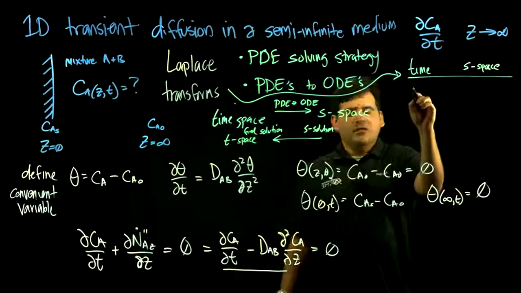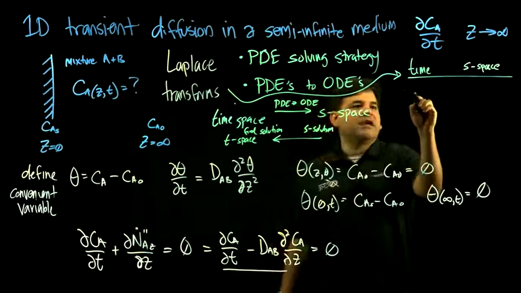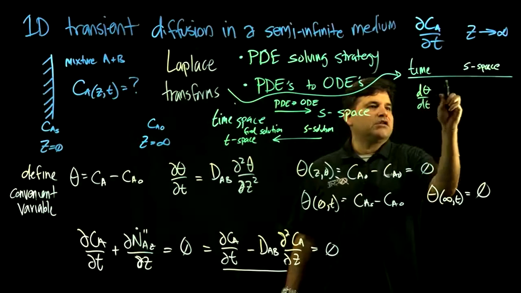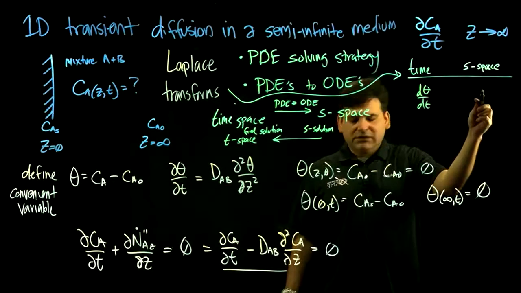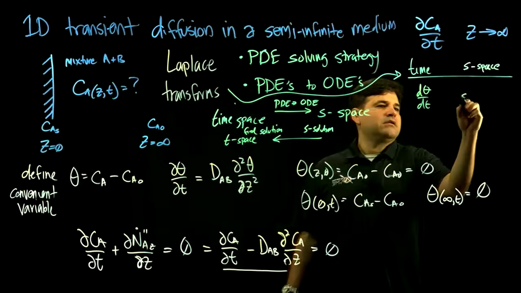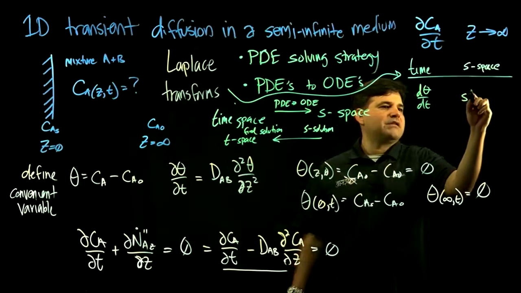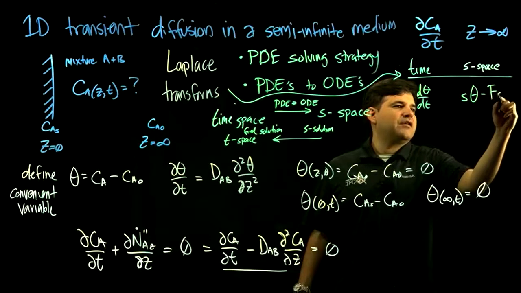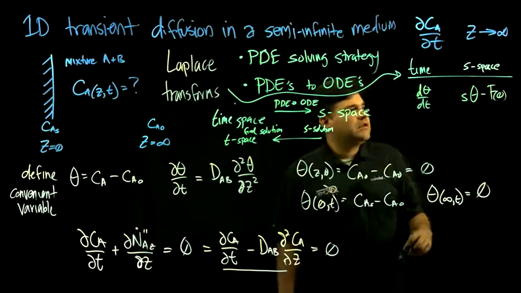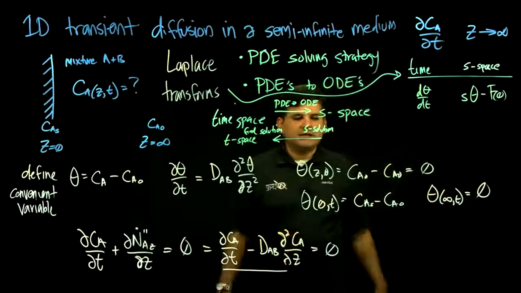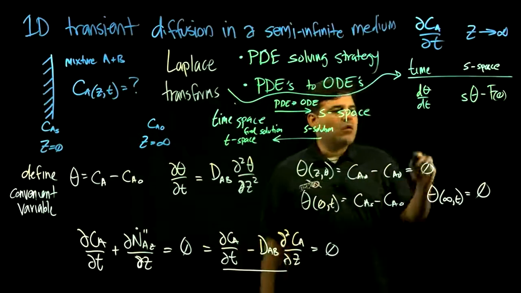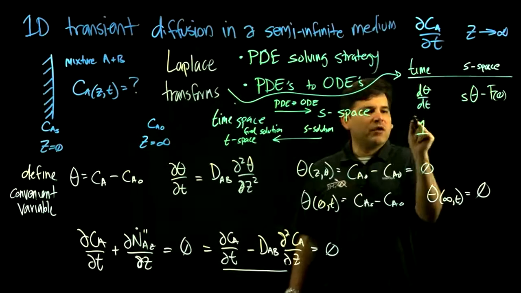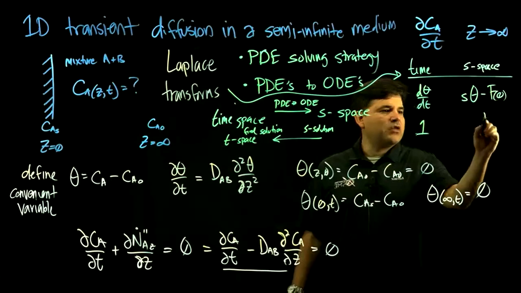Whenever you have a derivative, in this case d theta dt, the transform for this is some constant S times the function theta minus f of 0. In general, this is going to be 0 in this case. Then the other one we're going to apply is the Laplace transform of the constant 1, which gives you 1 over s.